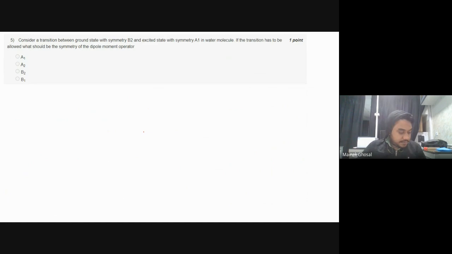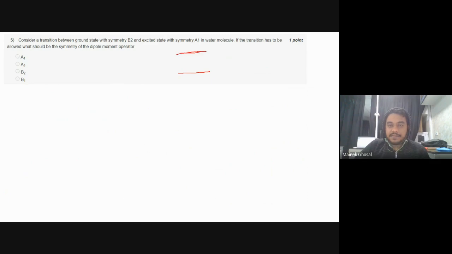You want to try? So it is said that you have to consider a transition between a ground state which has symmetry B2. Suppose I am writing a ground state and then an excited state.